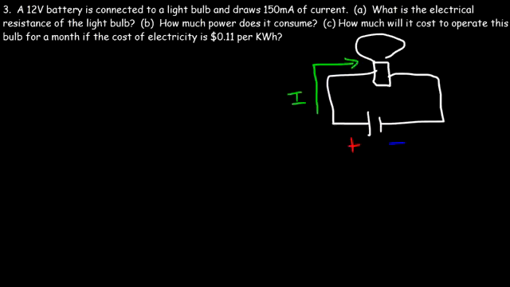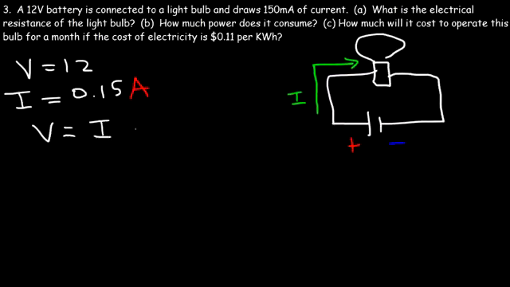Now let's make a list of what we know. So the voltage is 12, the current is 150 milliamps, but we need that in amps. So we can divide that by 1,000 or move the decimal 3 units to the left. So that's equivalent to 0.15 amps. So now we could find the electrical resistance using Ohm's law. V is equal to IR.